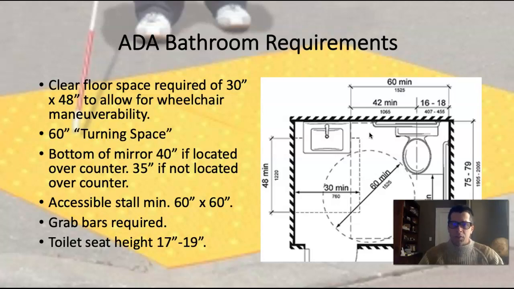And so the accessible stall has a minimum requirement of a 60 by 60. You have to have grab bars inside that stall, and there's very specific guidelines for the height of those grab bars. There's guidelines for how high the toilet seat can be. It has to be between 17 and 19 inches.